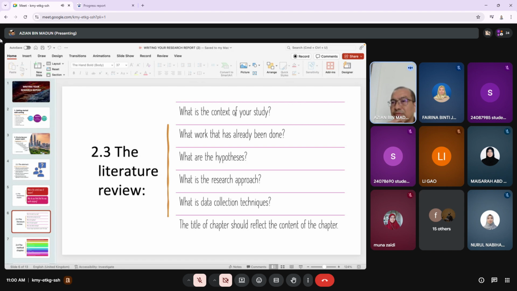Before this, we were talking about theory. For example, theory of economics, kan? Maybe you can touch from another angle. You mix theory from sociology. Maybe you can mix up theory from Middle Eastern scholars, kan?